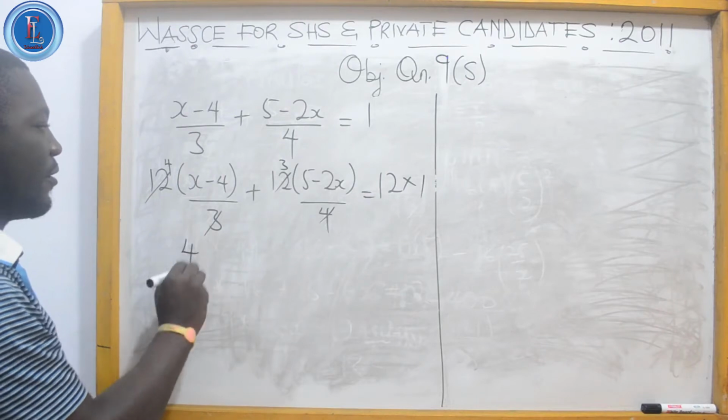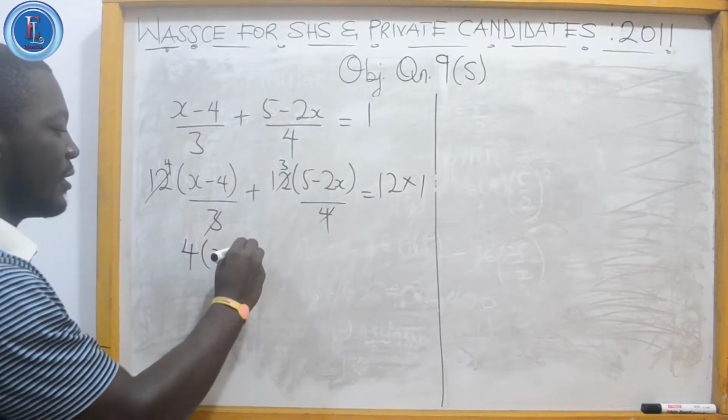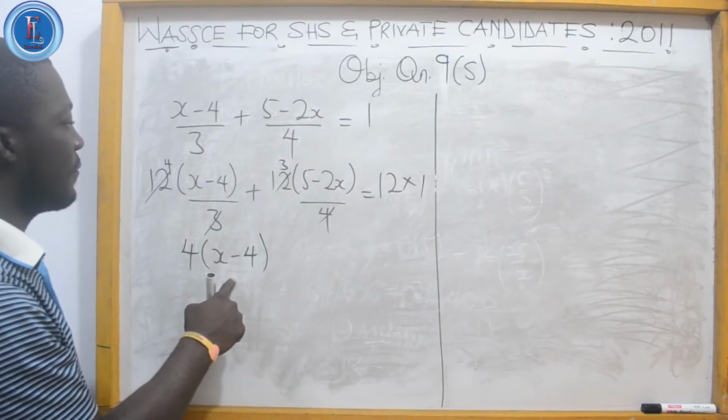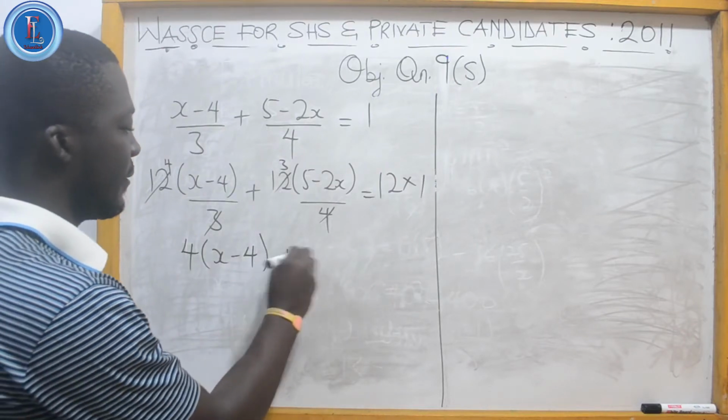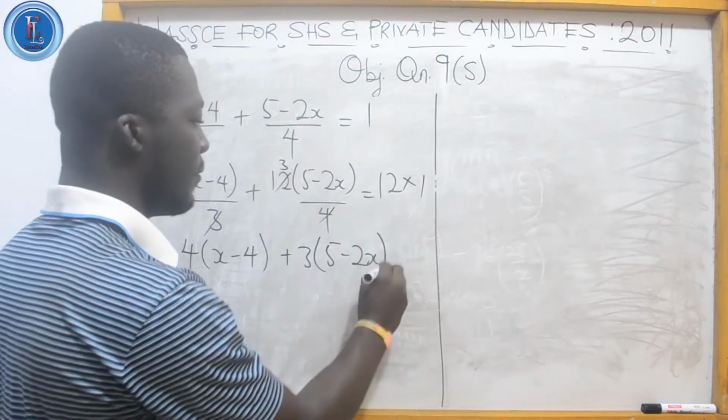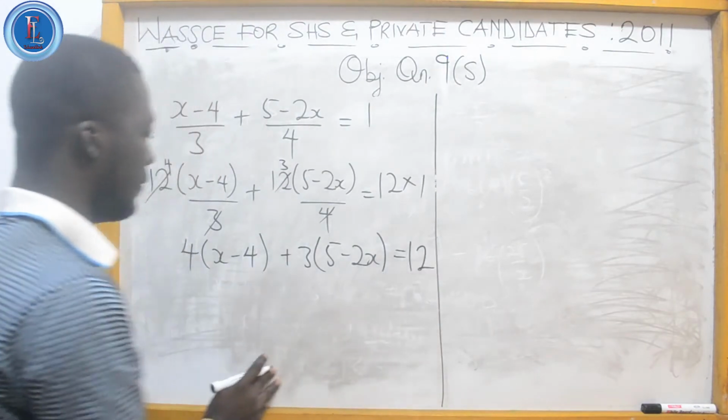So we can rewrite the equation as 4 into bracket x minus 4 plus 3 into bracket 5 minus 2x which is equal to 12.